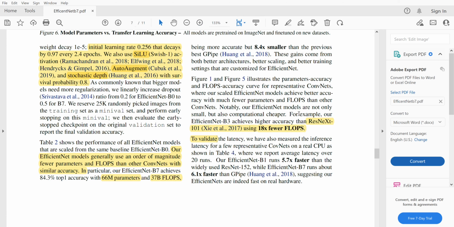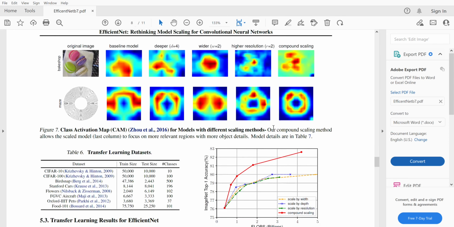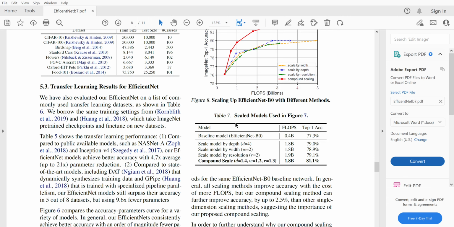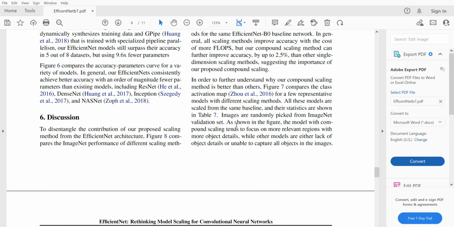You can see that, for example, our EfficientNet-B1 achieves higher accuracy than ResNet-152 using 18% of the FLOPs. And of course, for the baseline model, on the original image, if you have deeper depth, wider width, and compound scaling, the results get better, and it's obvious the results are better.